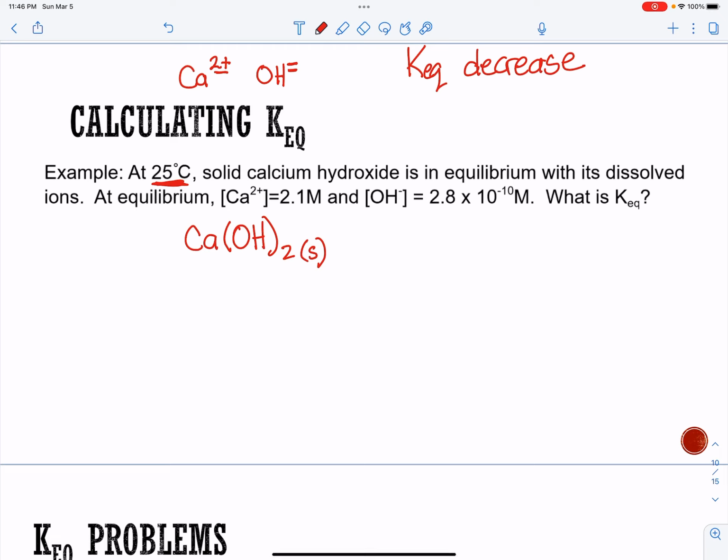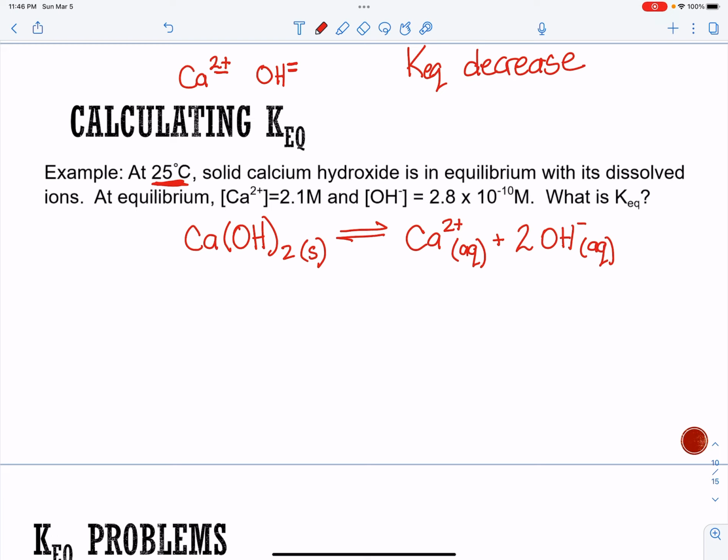If we swap and drop, you'll notice that we need 2 hydroxides for every 1 calcium for that formula to be balanced. So it's in equilibrium in this equation with its dissolved ions. That means that the water is actually going to break this ionic compound down into its ions. So it's going to dissolve in water, and that calcium is going to split apart from the 2 hydroxide ions. So there's our balanced chemical formula.